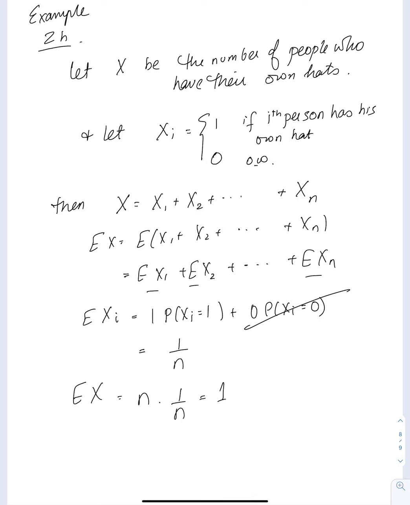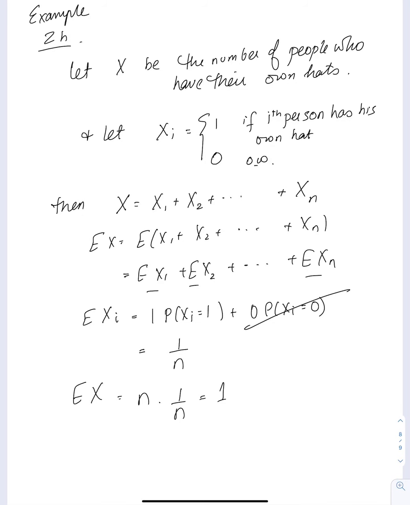Each one will be half, and the expected value of x is 2 times 1/2, and that will be 1. But this is a far more clever way of finding this expectation, no matter what n is. That kind of breakup can get pretty tedious when you have more people with their hats.